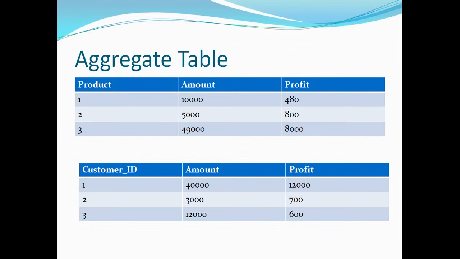So I will analyze the last 6 months of data and see which particular offices made the least progress or sold the lowest number of policies in the last 6 months. That kind of information I can get from the aggregate tables, which are also known as calc tables or the cubes.